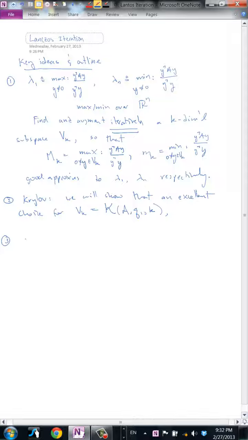Suppose that we found our Krylov subspace, and moreover suppose that Qk, which is the matrix as before with columns q1 to qk, is an orthonormal basis for the kth Krylov subspace. So now let's write down what capital Mk or little mk are. Let's just choose capital Mk.